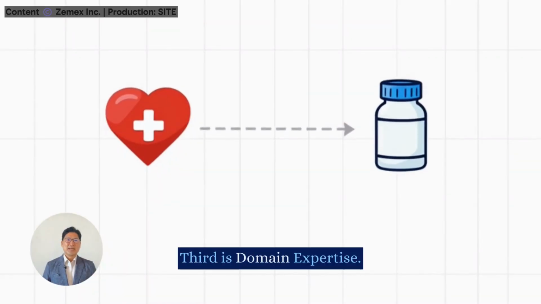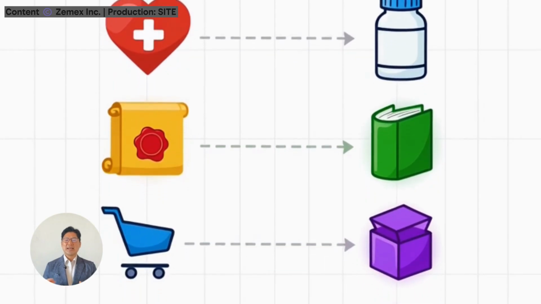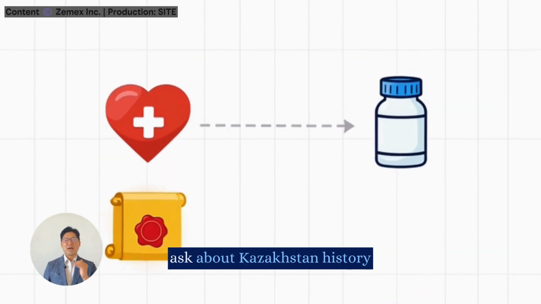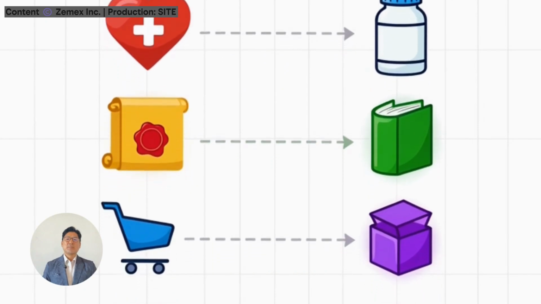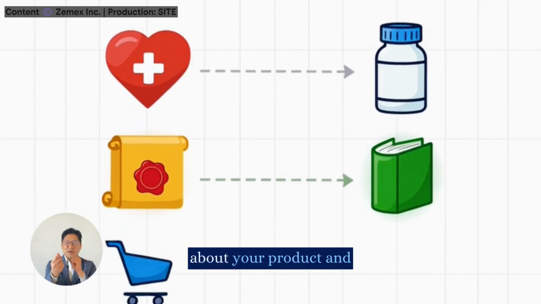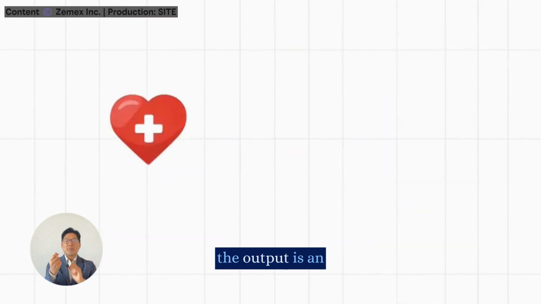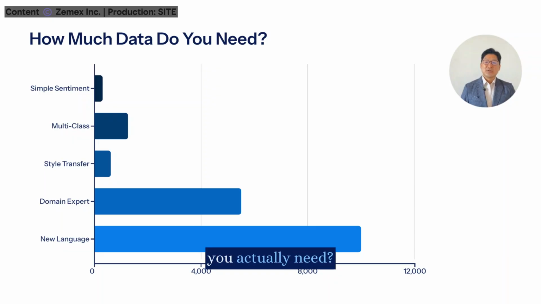Third is domain expertise. You input a medical question and get an accurate medical answer, or ask about Kazakhstan history and get a detailed response. Fourth is question answering. You input a question about your product, and the output is an answer derived from your documentation.